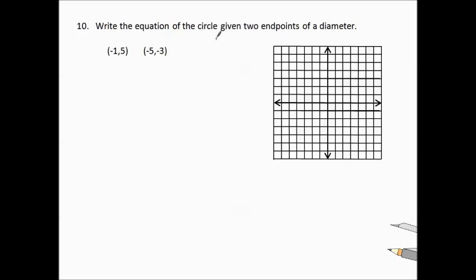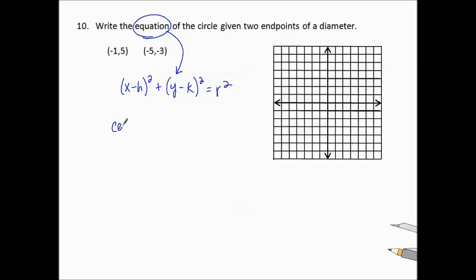Write the equation of the circle given two endpoints of a diameter. Well, again, if we're going to write the equation, let's remember what that looks like. You might like to just write it down every time. The equation of the circle. What do we need?